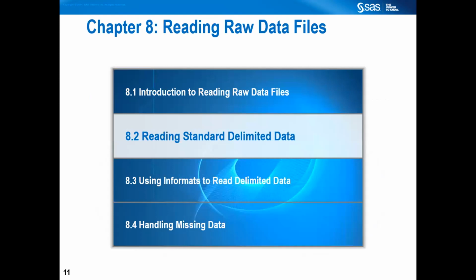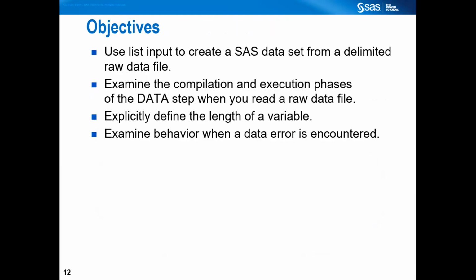Now, after getting introduced to what raw files are, let's see how to read standard delimited data. The objective here is that we'll use list input to create a SAS data set from a delimited raw file.